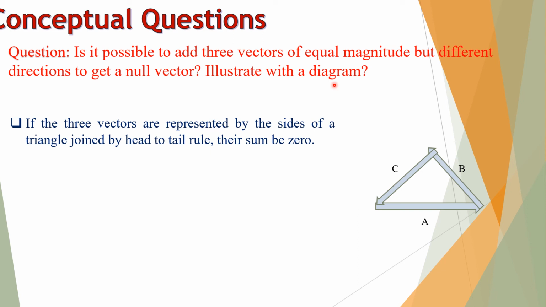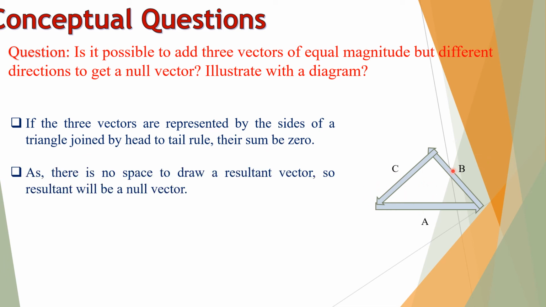If the three vectors are represented by the sides of a triangle joined by head to tail rule, their sum is 0, as there is no space to draw a resultant vector. So resultant will be a null vector.